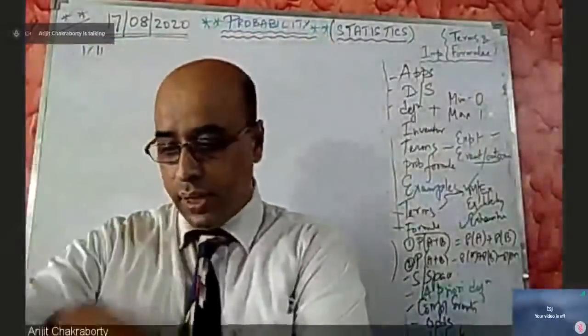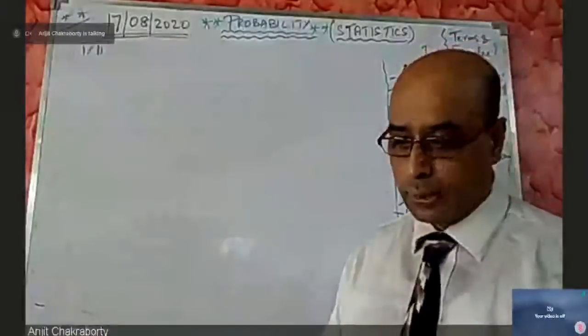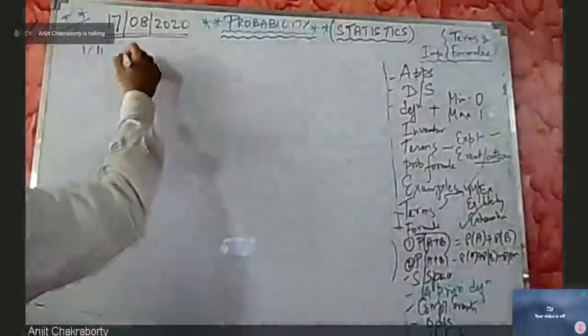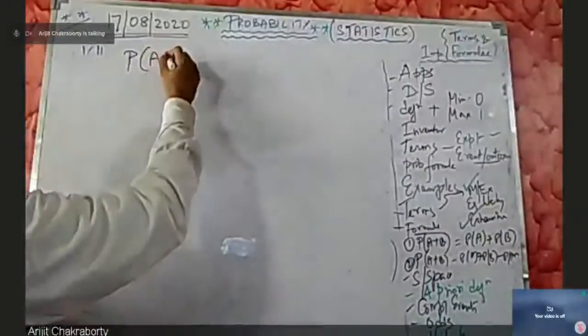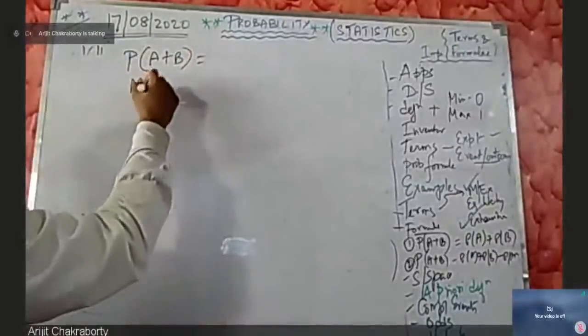So we have seen the formula once again: P(A plus B), for mutually exclusive events.